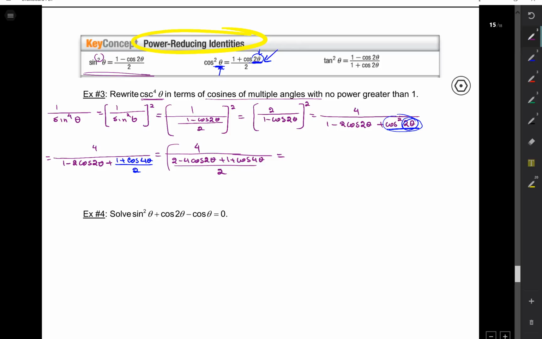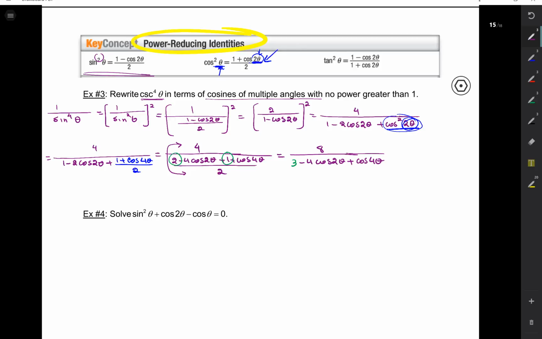So we're going to multiply the 4 and the 2 with each other. It's 8 over 2 minus 4 cosine 2 theta. Oh, wait a minute. Can I simplify the 2 and the 1? Yes, we can. Plus cosine 4 theta. Now, do I have any exponents other than 1? I'm done.